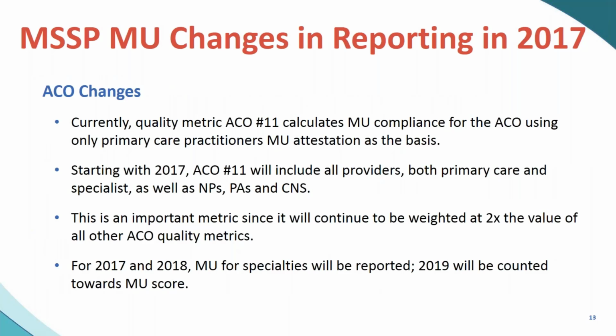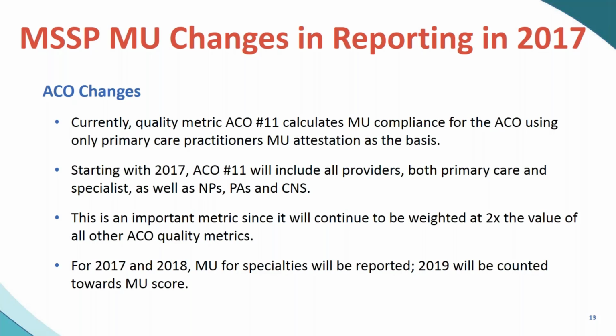Please note a change in your ACO reporting as we start looking at the meaningful use element, or what is now called technology or ACI. Up until this year, the way that the ACO meaningful use quality metric was tracked is by the primary care providers who were participating. CMS was not looking at the specialists. They were only looking at the primary care.